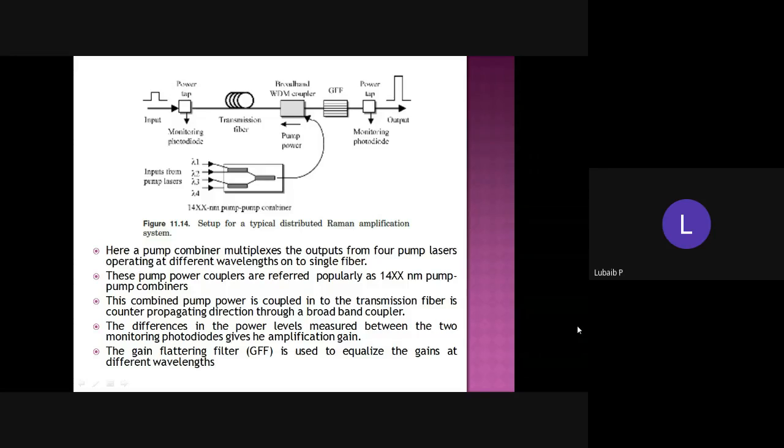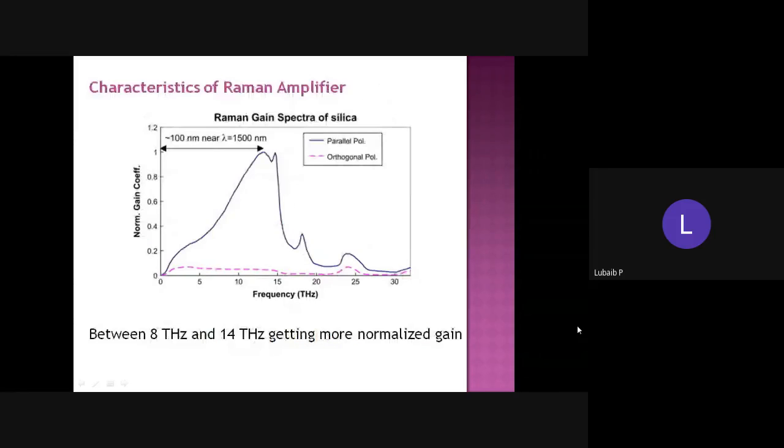So the characteristics of the Raman amplifier are shown here. In the x-axis is the frequency, and in the y-axis is the normalized gain coefficient. You can see the Raman gain spectra of silica.